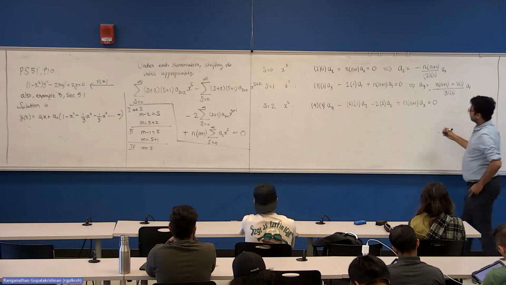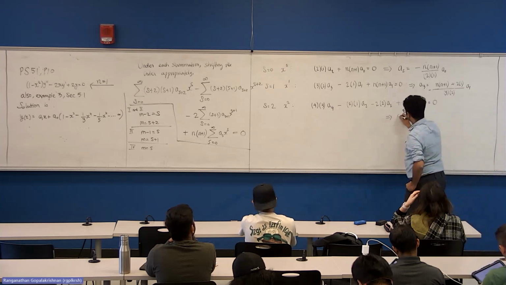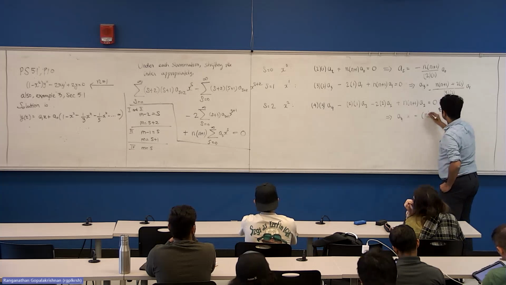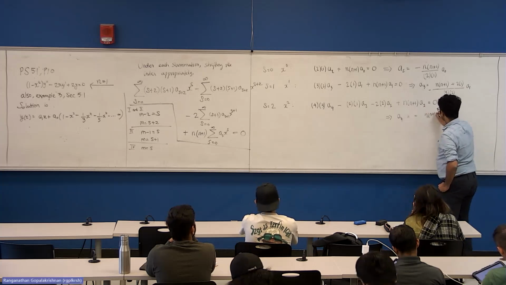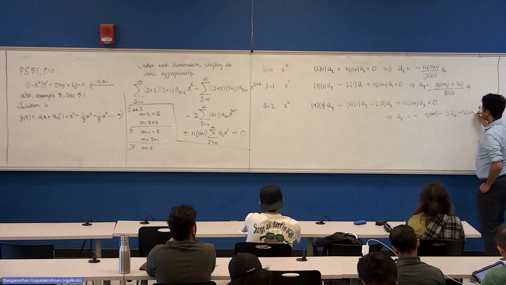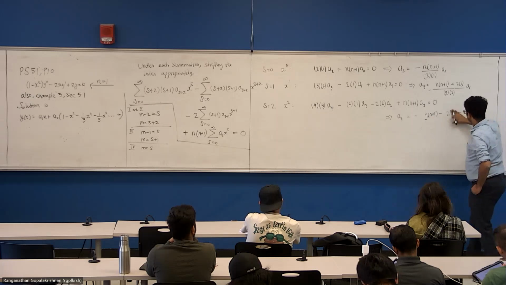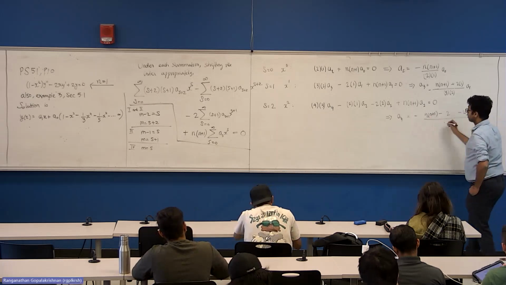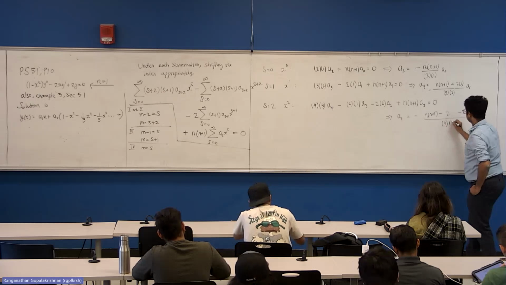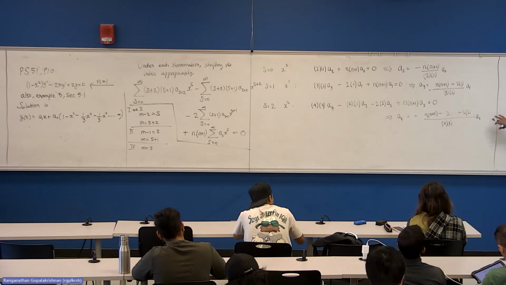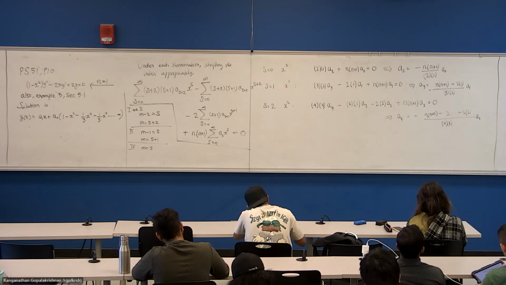You can sort of see a pattern coming up. Maybe A4 is negative of n times n plus 1 minus 2A2 minus 2 times 2A2 divided by 4 times 3 times A2. It's all deliberate that I'm leaving it like this.